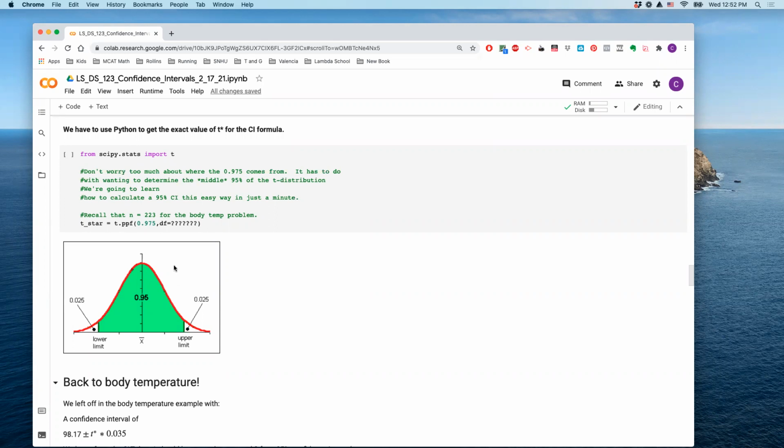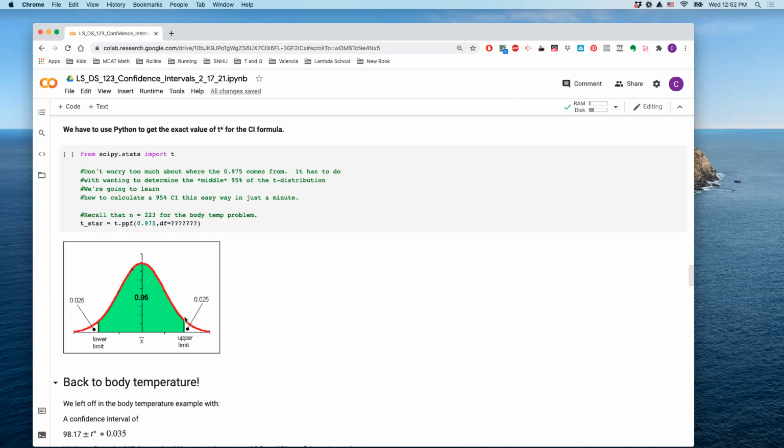There is a function in the t distribution called tppf that returns that value for you. It returns this number that is plus and minus 2 standard errors above and below the sample mean, depending on what it needs to be for your sample size.